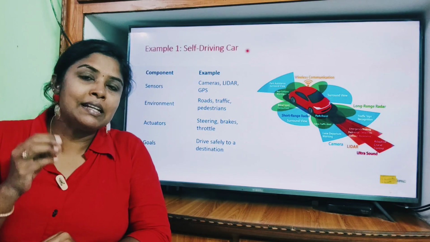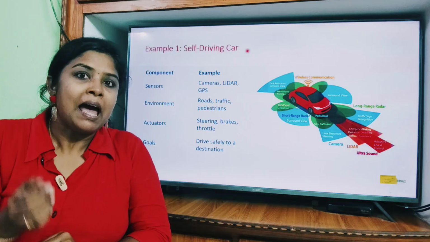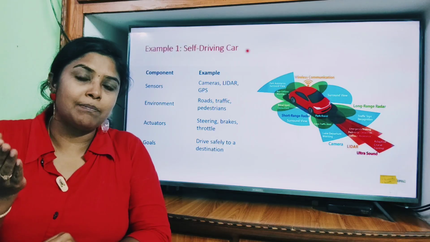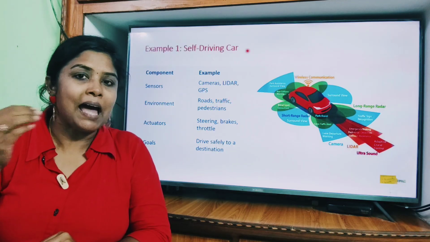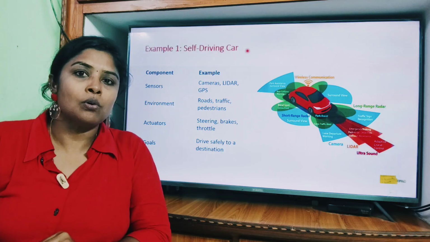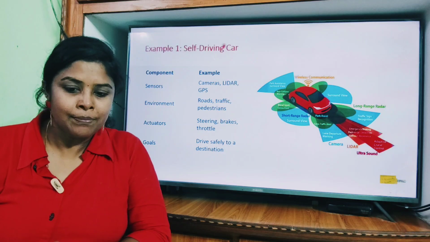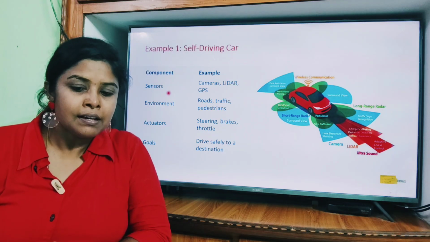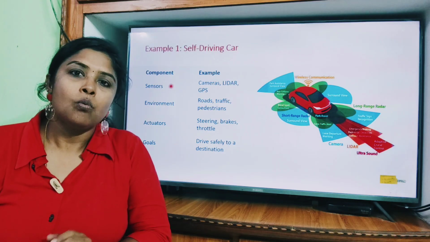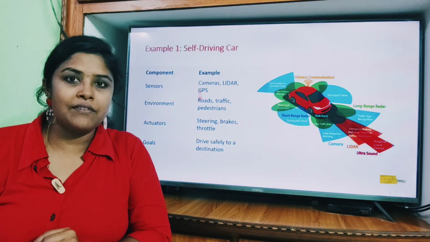This agent learns from the environment and develops the percepts, and then they are further developed into a percept sequence, and this percept sequence will guide the steps of the agent. So here we will see each of the components. Here we have sensors. What will be the sensors, or the learning component, of this self-driving car?